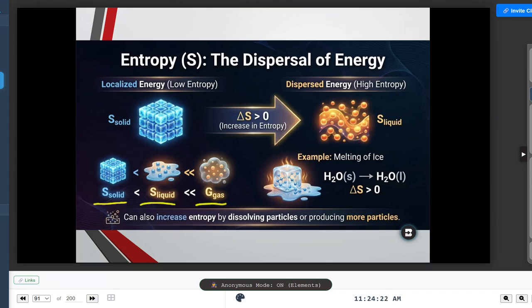So you can see that the entropy, this should be an S here, I apologize for that, our entropy of our solid is less than the entropy of the liquid, and the entropy of the liquid is less than the entropy of the gas, okay? And then if we look at our example for our melting ice, our entropy is going to be increasing as we turn from a solid to a liquid, okay? High entropy for a liquid, low entropy for a solid. Questions on that?